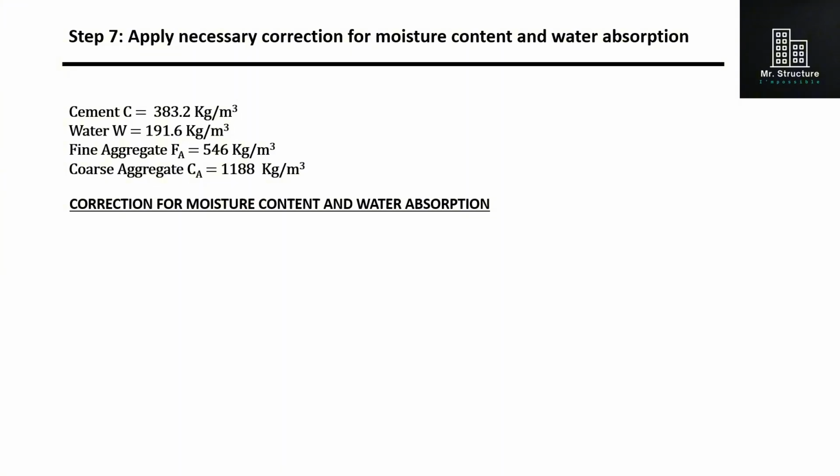Let's apply the correction for moisture content and water absorption. To obtain the corrected water content, add the water absorption for the coarse and fine aggregate and subtract the free moisture content of coarse and fine aggregates.